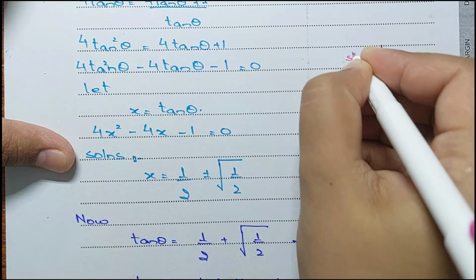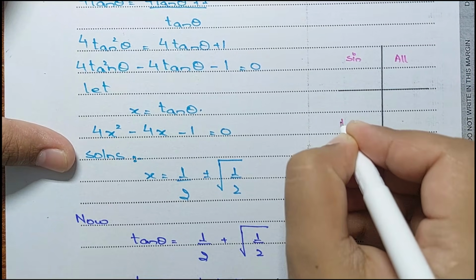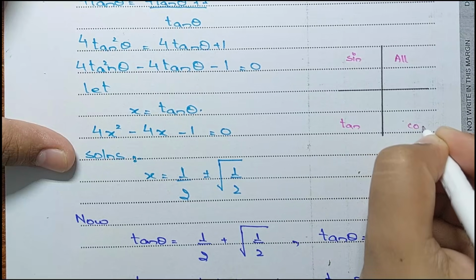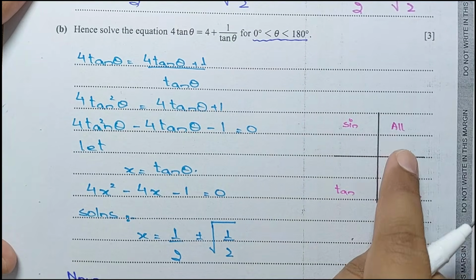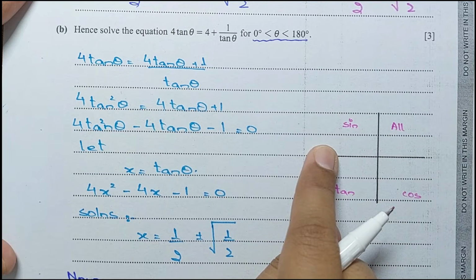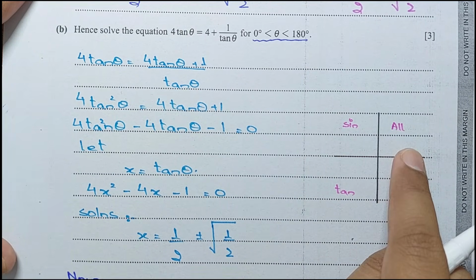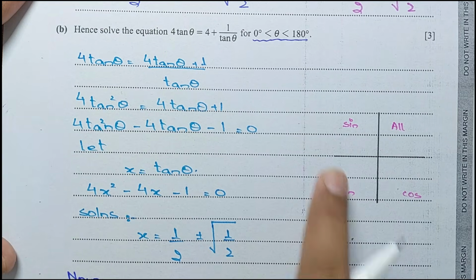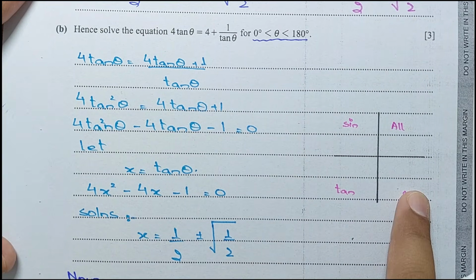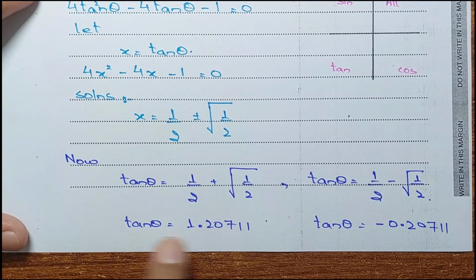In the second, sine is positive, in the third tangent is positive, and in the fourth cos is positive. Right, now the domain we have been given is from 0 to 180, so this is 0 till 180. Tangent is positive in the first and third quadrant and negative in the second and fourth quadrant, right? So here tan theta is positive.